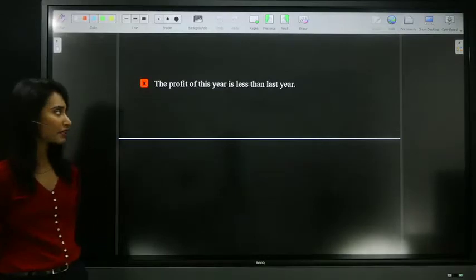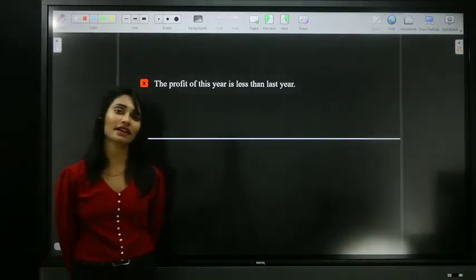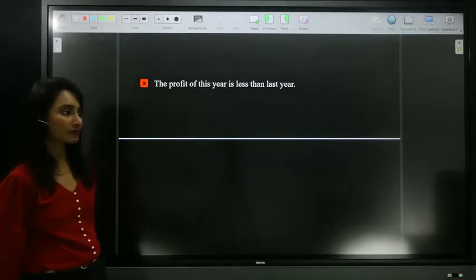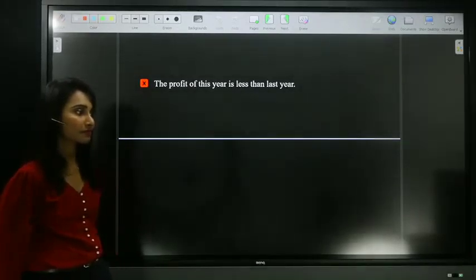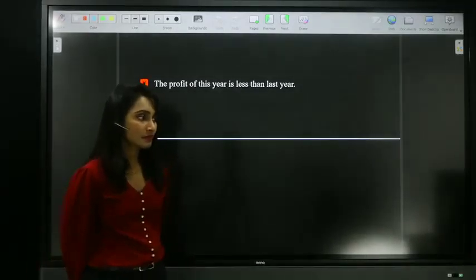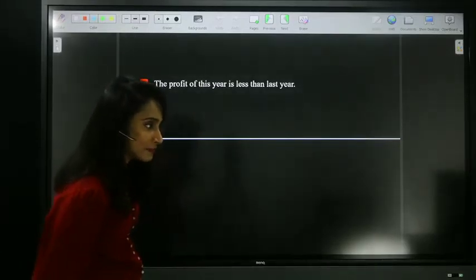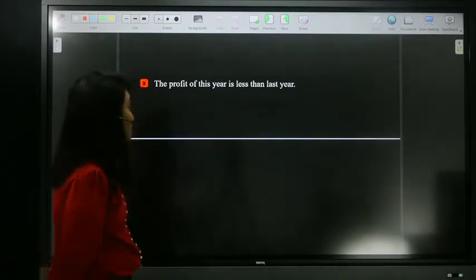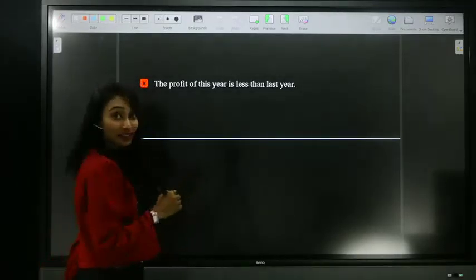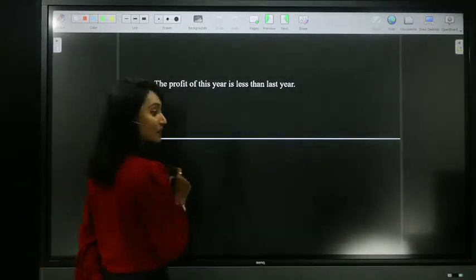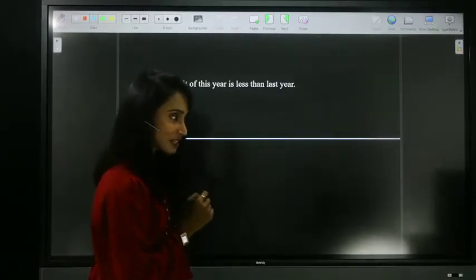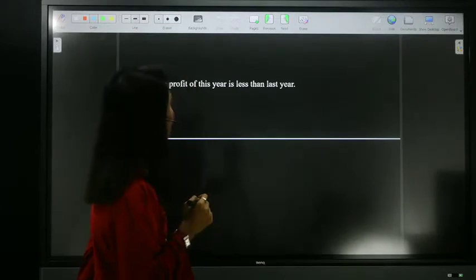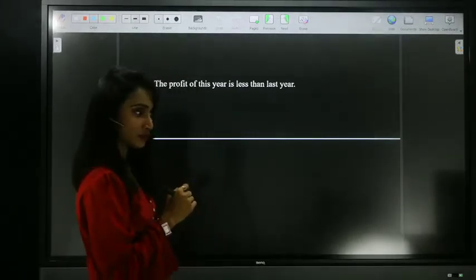Answer with explanation, guys. What do you find is the error here? Good. Than that of last year. You're correct, Kartikeyan. I appreciate your quickness, and you're good with the explanation too. But what is the explanation? Yes, Swapna, less than the last year. No, Swapna, not that one.